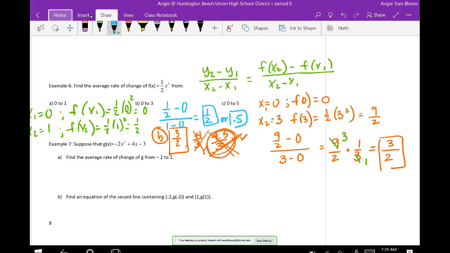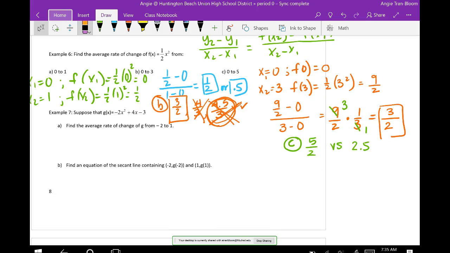Allison? 5/2. Does that sound like a good answer? Harry, what is your answer? 2.5. 5/2 versus 2.5. It's the same thing. You're right. Probably they're both right. But if you're looking for the rise over run, you're probably looking at fractions. They're not wrong. I will accept both. Whatever floats your boat, Harry. They're both right.